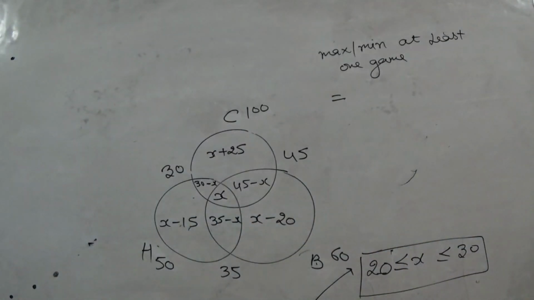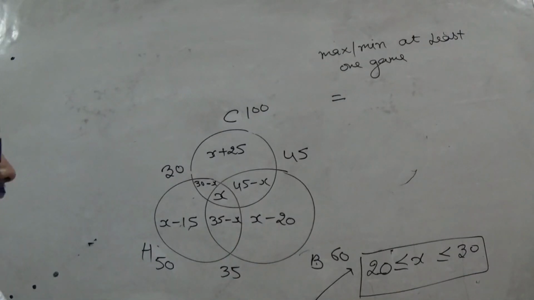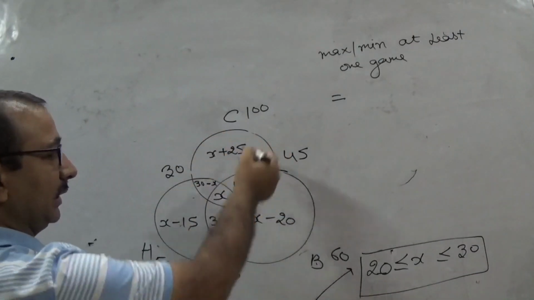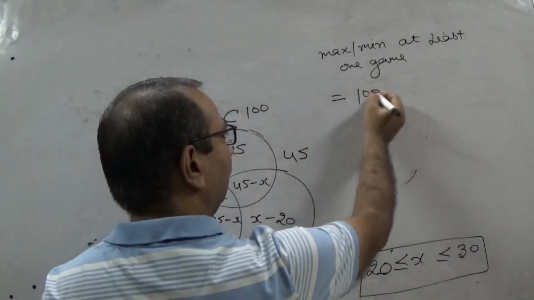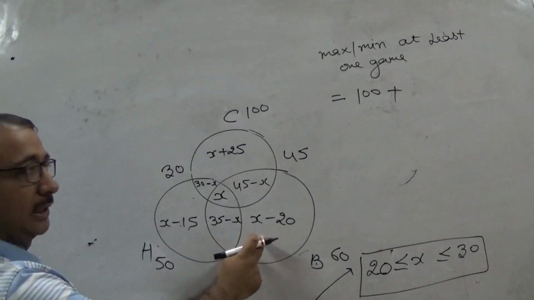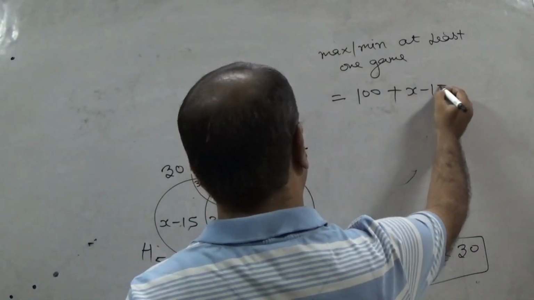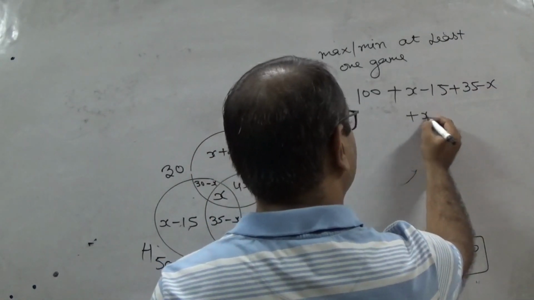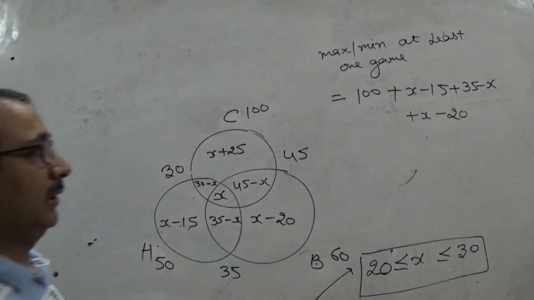You know that at least one game means we have to take A union B union C. Let us say this total is 100, because at least one game everything is to be included. This circle is 100, take it as 100, plus this section is to be taken, this is to be taken and this is to be taken. So 100 plus x, minus 15, 35 minus x and x minus 20. That value we have put. Okay. Now just solve it.